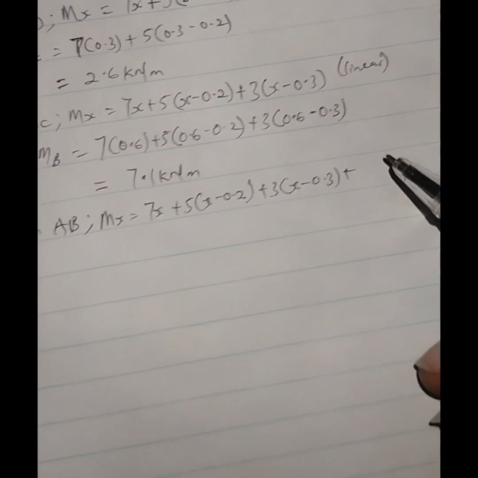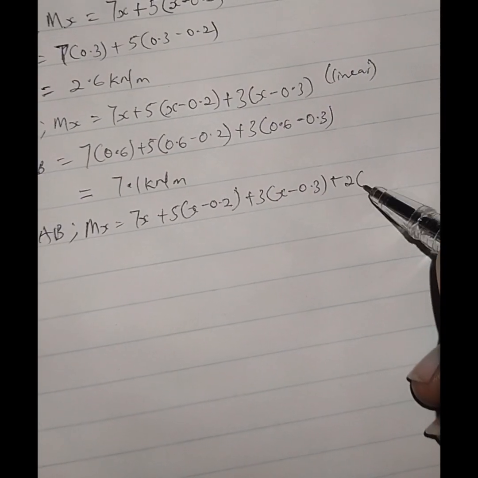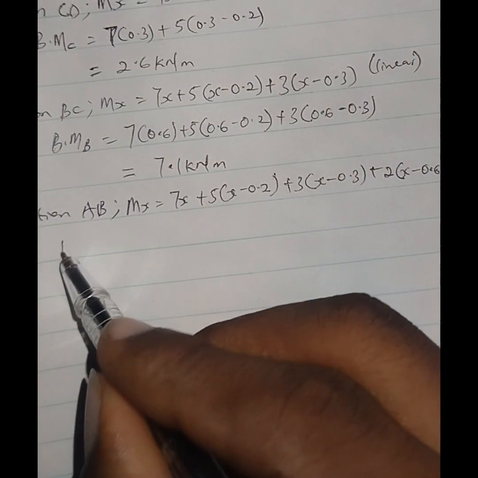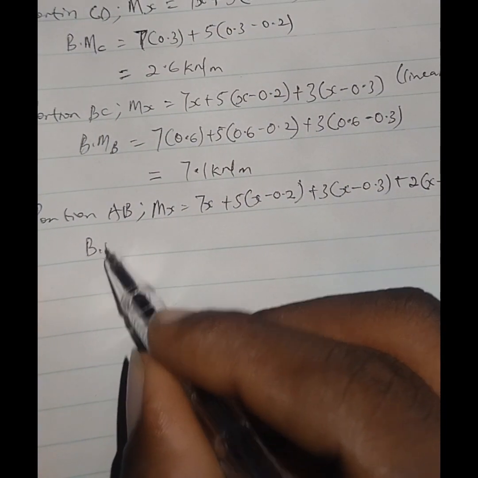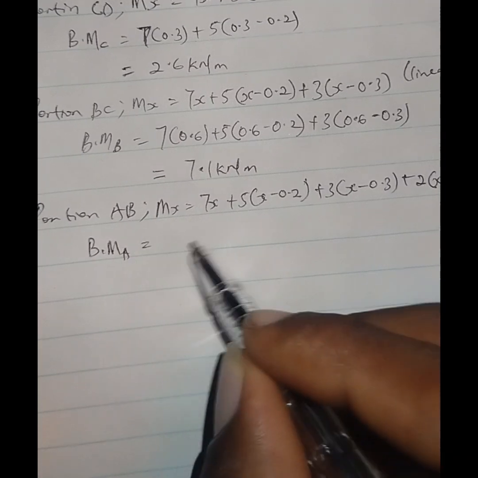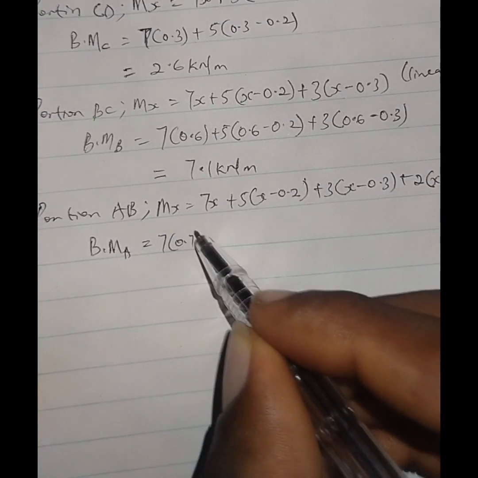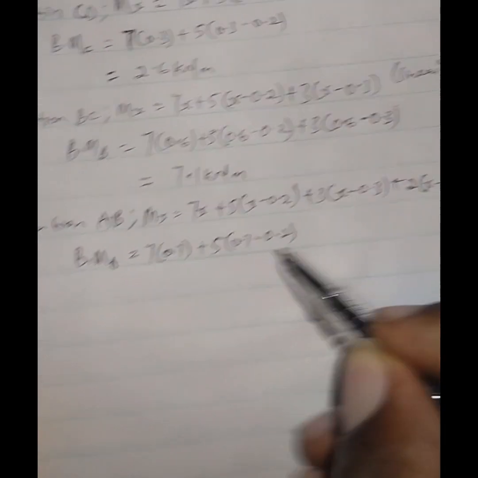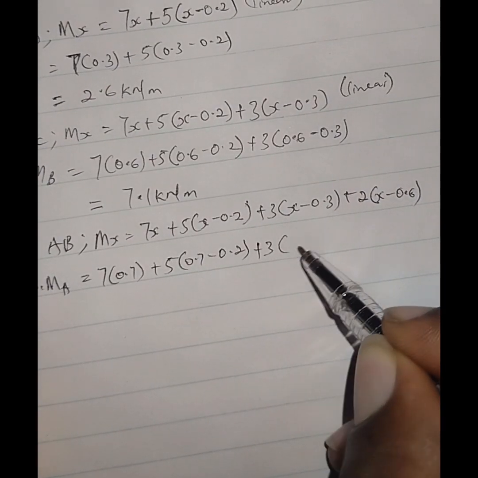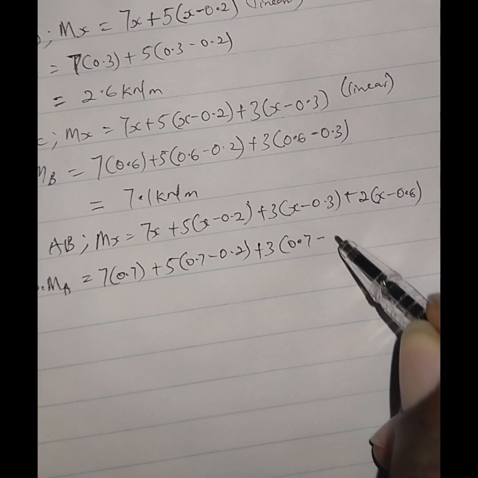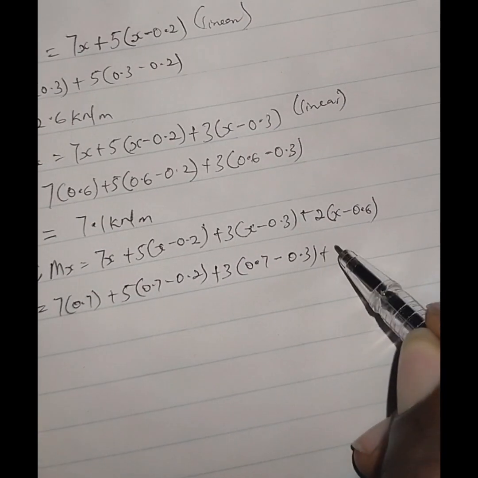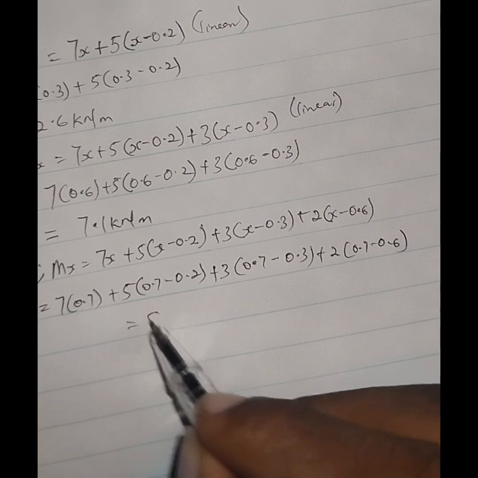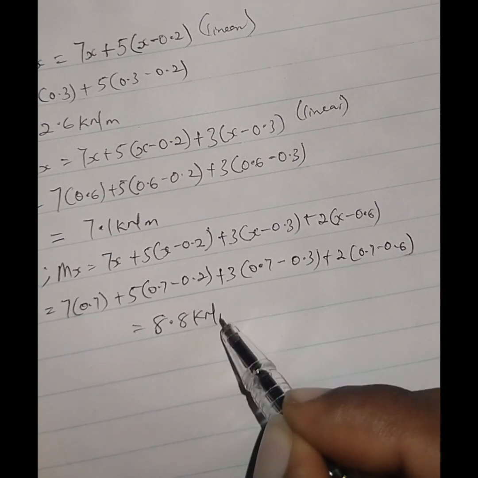So that's 2 into bracket x minus 0.6. Now we have the bending moment at A, 7 into 0.7 plus 5 into bracket 0.7 minus 0.2 plus 3 into bracket 0.7 minus 0.3 plus 2 into bracket 0.7 minus 0.6. That will give us 8.8 kilonewton meter.